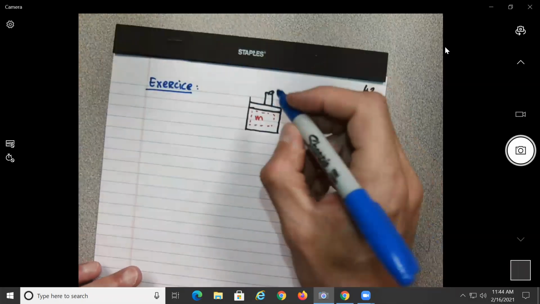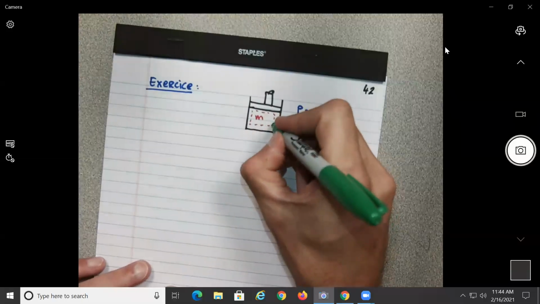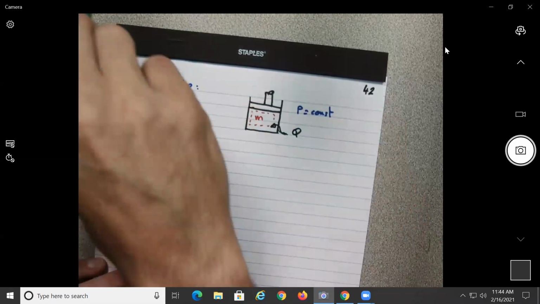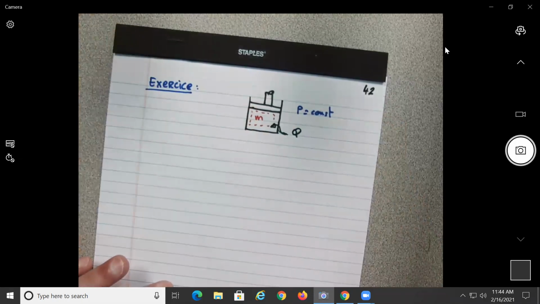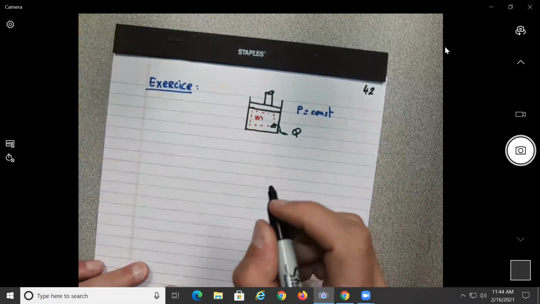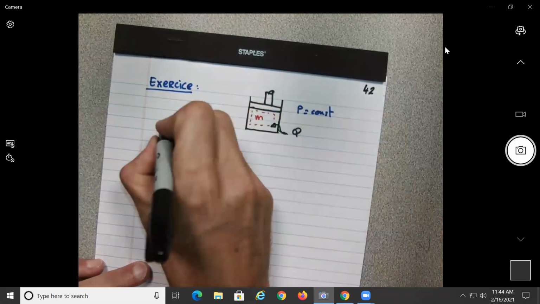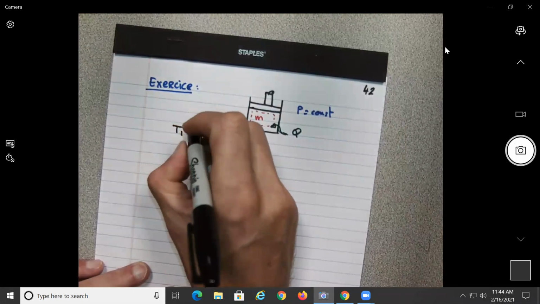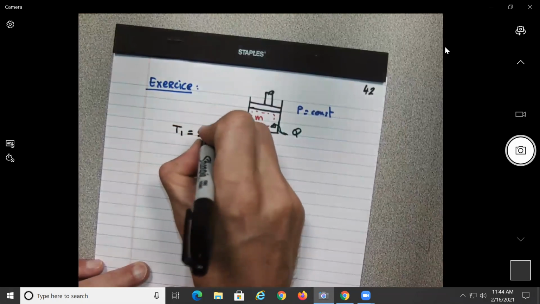So you are adding heat, and you know that the initial temperature is 50 degrees Celsius.